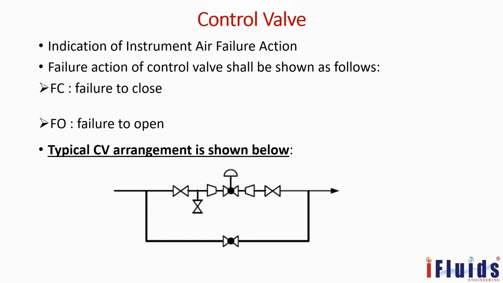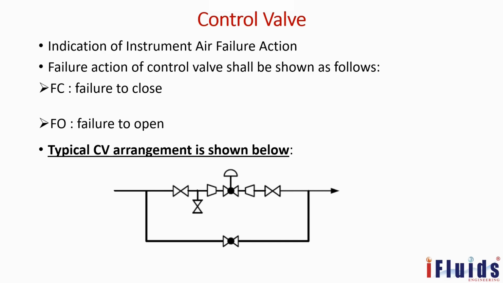Now we are going to see how the control valve arrangement is shown in the P&ID. The instrument air failure action, failure to close or failure to open, we have to mention. Accordingly, the person reading the P&ID will understand how the stream behaves. For example, failure to close means some important hydrocarbons should not go outside, so in that case, failure to close.